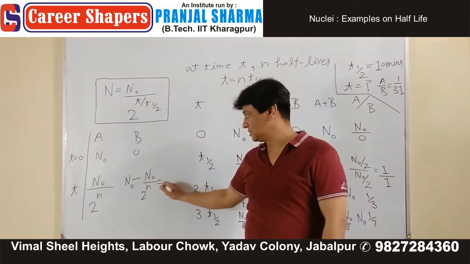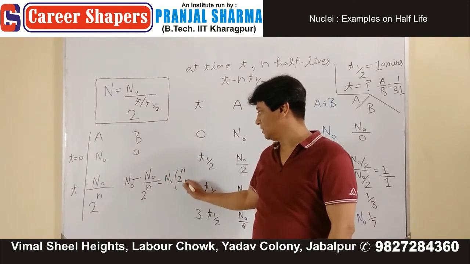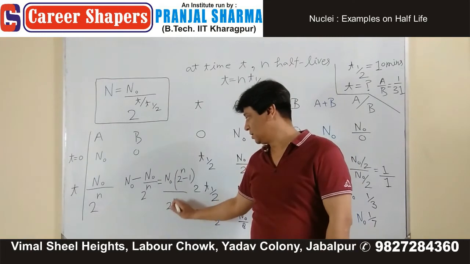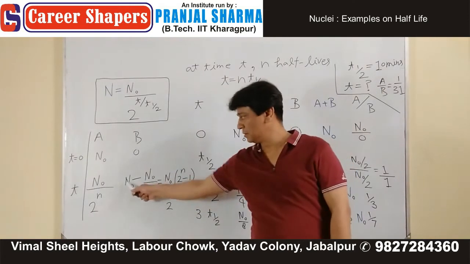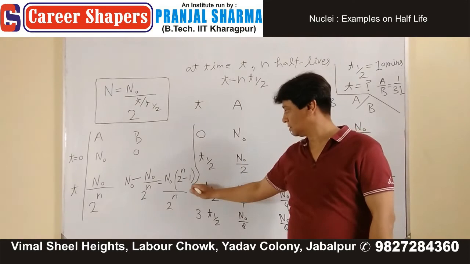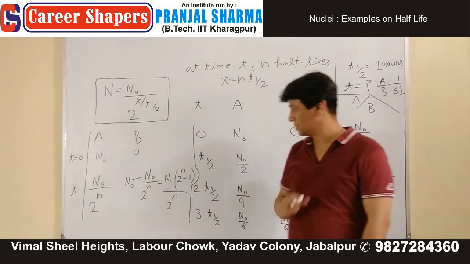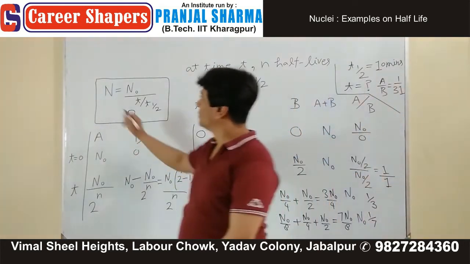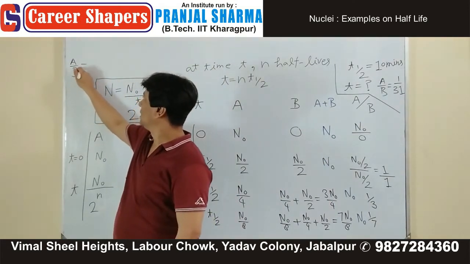This is N naught times 2 to the power n minus 1, whole divided by 2 to the power n. Now we are interested in what? A is to B. This ratio of A and B therefore is what?